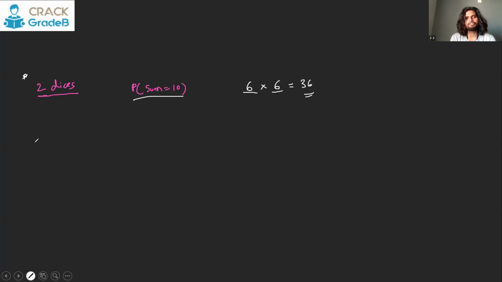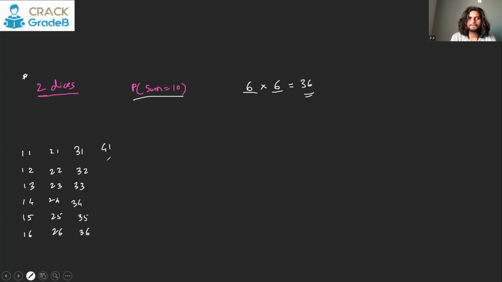If you don't understand the PNC part of it, you write the cases. You can just say 1 on first dice, 1 on second dice; 1, 2; 1, 3; 1, 4; 1, 5; 1, 6; 2, 1; 2, 2; 2, 3; 2, 4; 2, 5; 2, 6; 3, 1; 3, 2; 3, 3; 3, 4; 3, 5; 3, 6; 4, 1; 4, 2; 4, 3; 4, 4; 4, 5; 4, 6; 5, 1; 5, 2; 5, 3; 5, 4; 5, 5; 5, 6; 6, 1; 6, 2; 6, 3; 6, 4; 6, 5; and 6, 6.